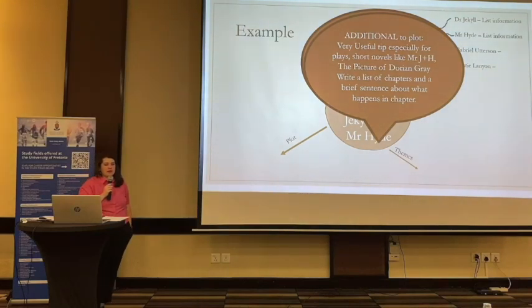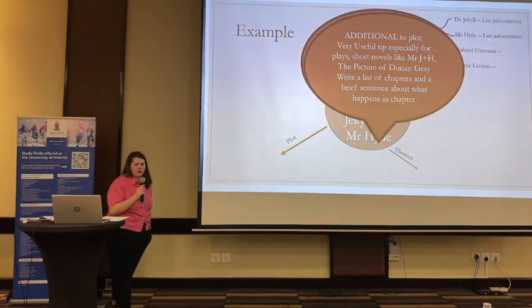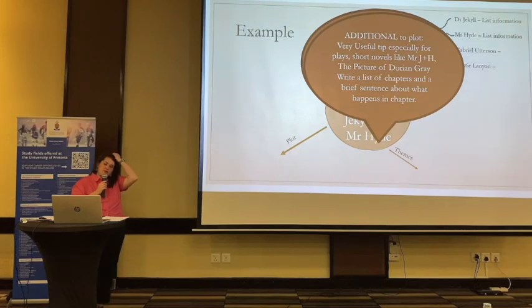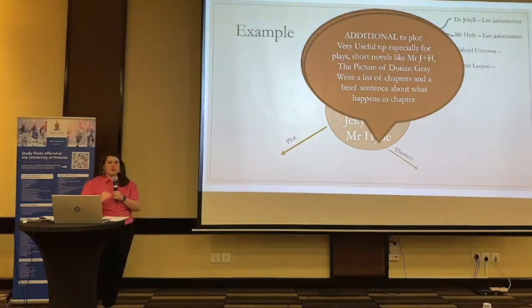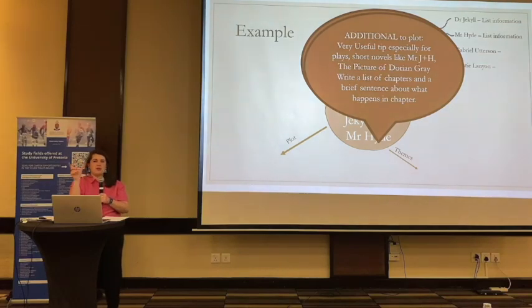But for the rest of us lucky ones, the 5 acts of Hamlet, the 3 acts of The Crucible, 20 chapters of Dorian Gray, what's really useful, if you're doing the novel, even Dr. Jekyll and Mr. Hyde, very short, is to write a list of all the chapters, right there, chapter 1, 2, 3, 4, 5, 6, 7, 8, all the way down to 20, or however many chapters you have. And then write a small summary of what happened.